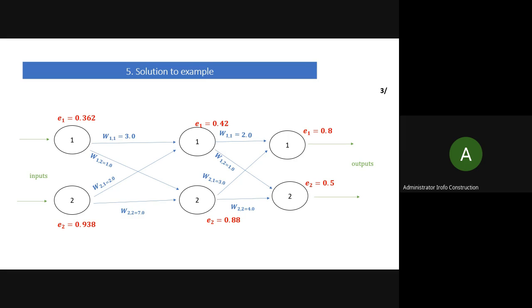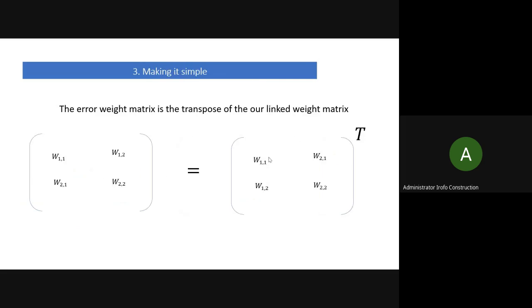We just take the link weights going to this node here, this one and this one, going to this node. So these two will be on the same row, W11 and W21. These are our original weights, not the backward ones. Because what they told us here is that we don't have to bother about the backpropagation error.